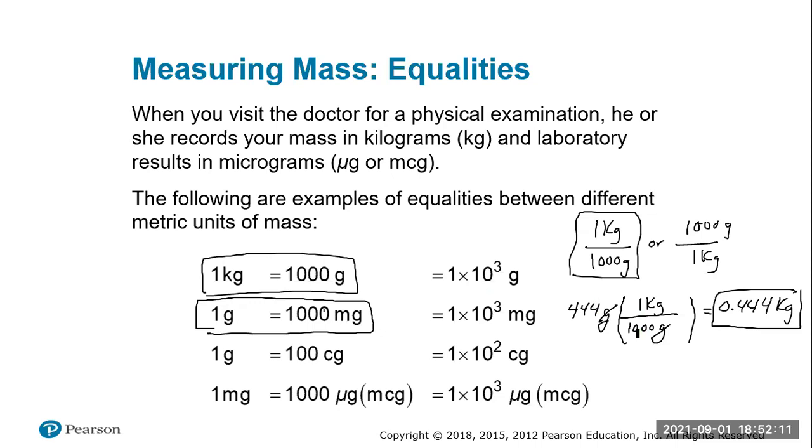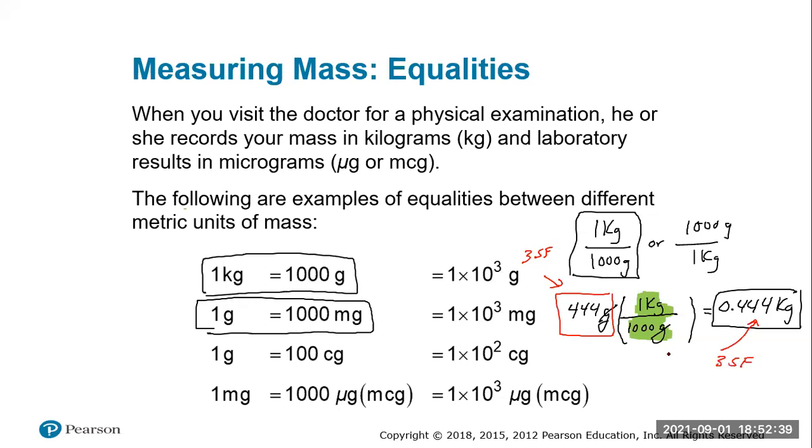That means when we look at this calculation, this is considered an exact number, so we don't even look at it when determining how many significant figures our answer should have. So we come back to our original number, which has 3 significant figures, and that means our answer should also have 3 significant figures.